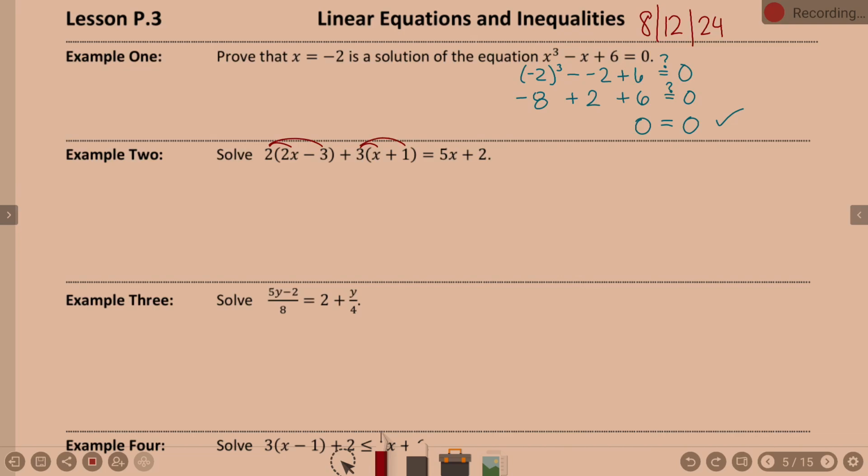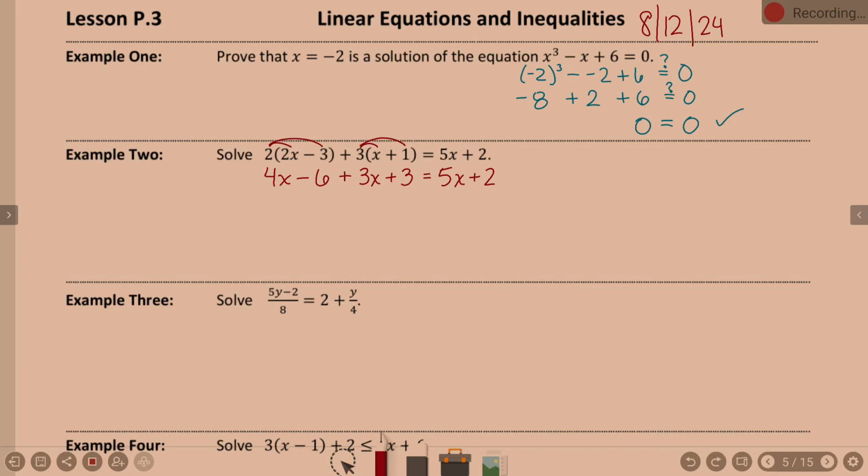So, what's this line read when I distribute? 4x minus 6 plus 3x plus 2 equals 5x plus 2. Are you guys good with Logan's statement? Better. 4x minus 6 plus 3x plus 3 equals 5x plus 2. That's distributing. I have confidence we all know that step. What's next? Combine like terms.